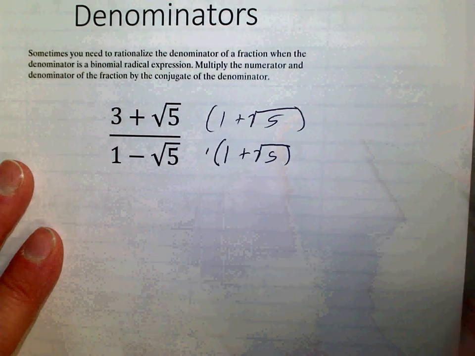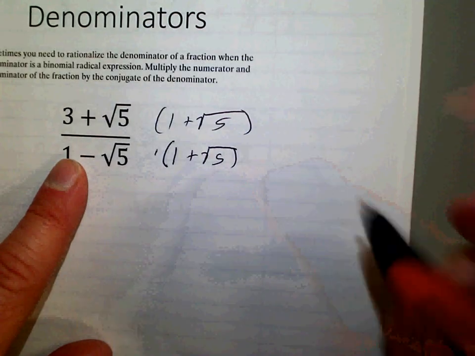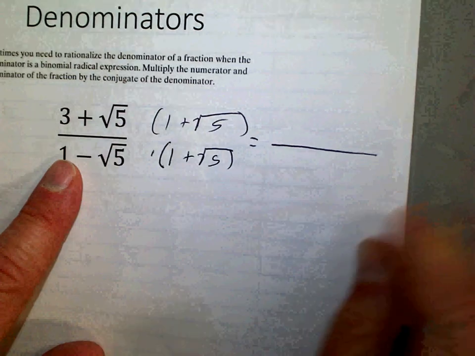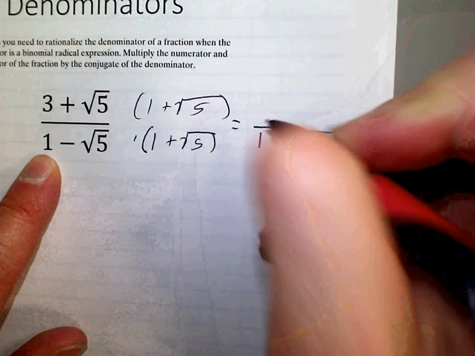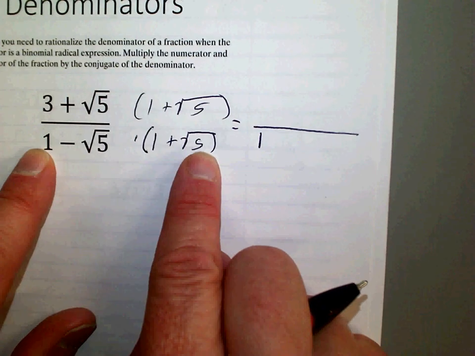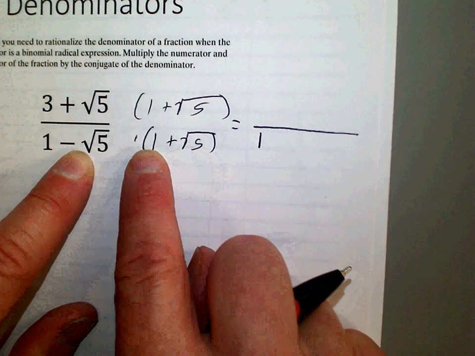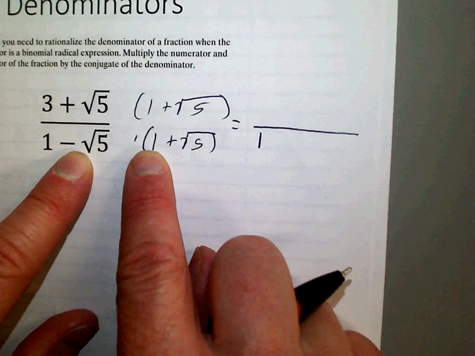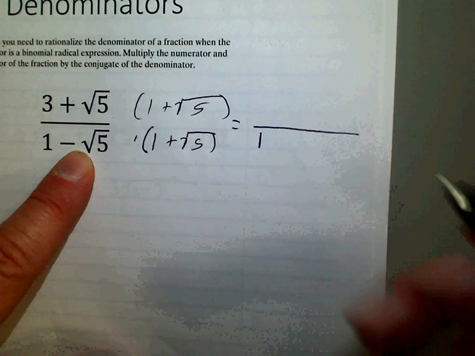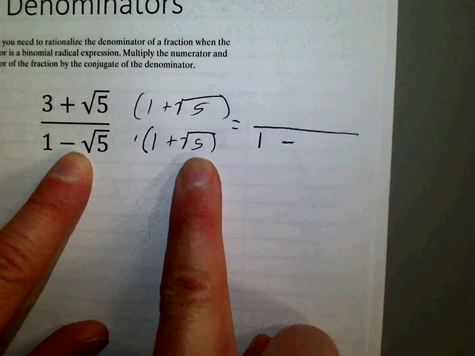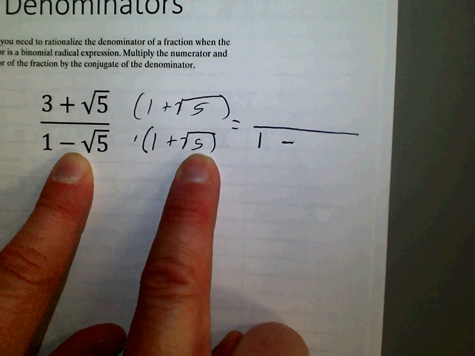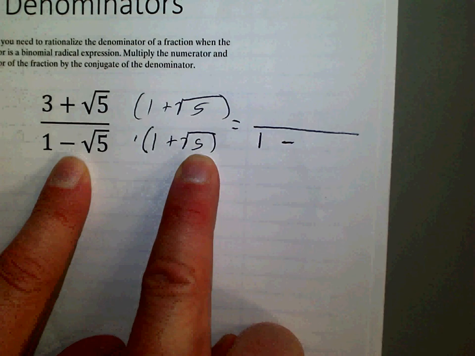So on the bottom, let's focus on the bottom to start. 1 times 1 is what? That's easy. The outer and the inner, that'll be a positive square root of 5 and a negative square root of 5. Those will go away, won't they? And so we end up with minus what? All of you in the room have to be able to answer this one. What is it? 5. Okay, so let's stop.